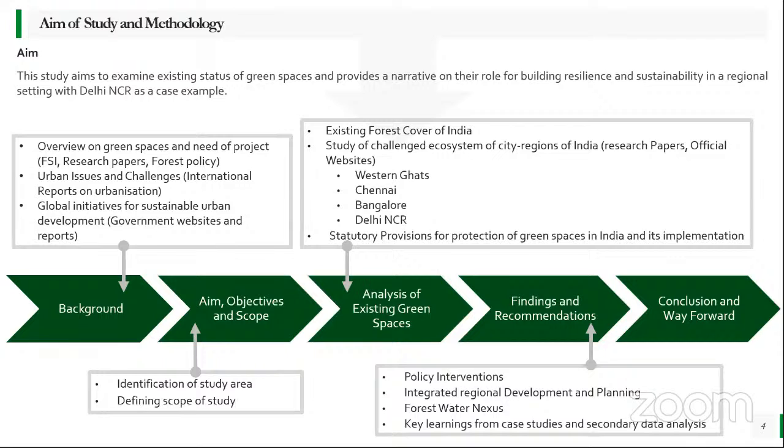Global initiatives were studied for sustainable urban development, which helped in identifying my project and overviewing the urban issues and schemes and how to manage green spaces in India, leading to the recognition of my study area, that is Delhi NCR. Then land use, land cover change, and the existing status of different green spaces are assessed, and the findings from case studies and secondary data analysis form part of my findings.